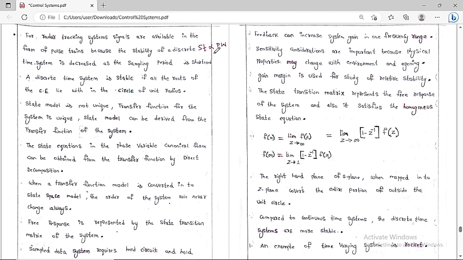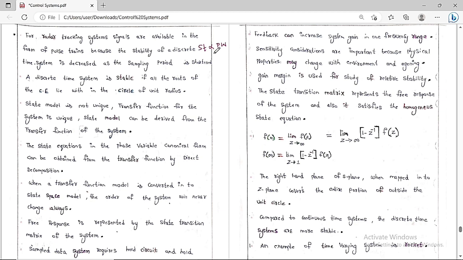The next point is, the state equations in a phase variable canonical form can be obtained from the transfer function by direct decomposition.